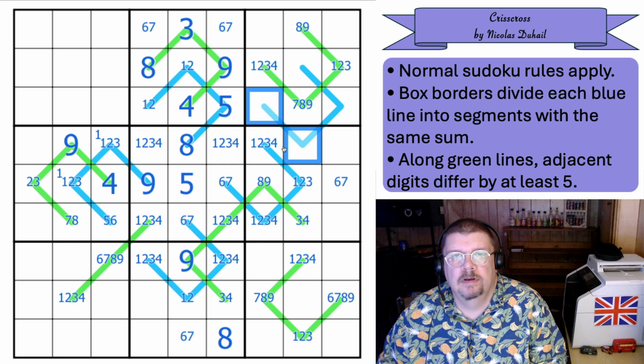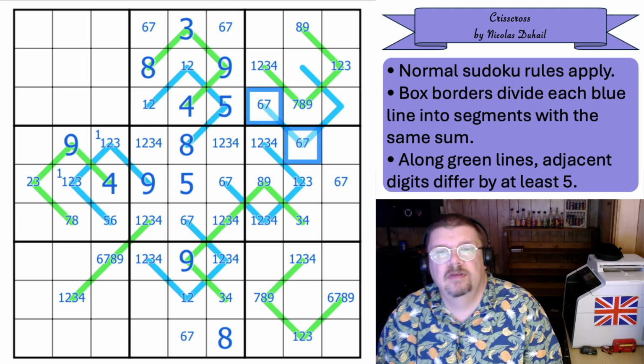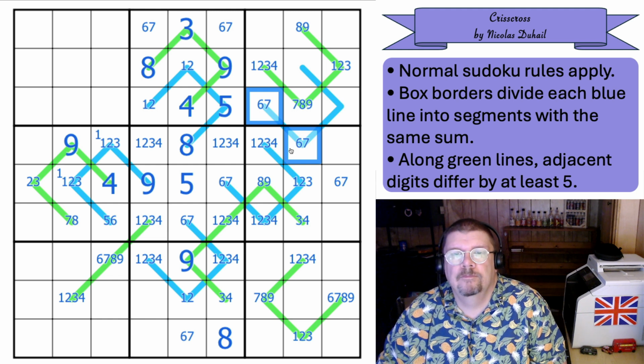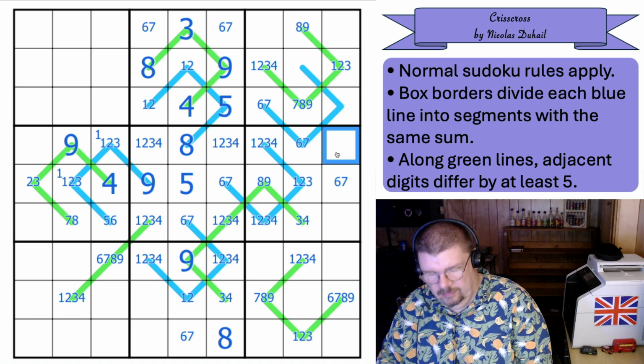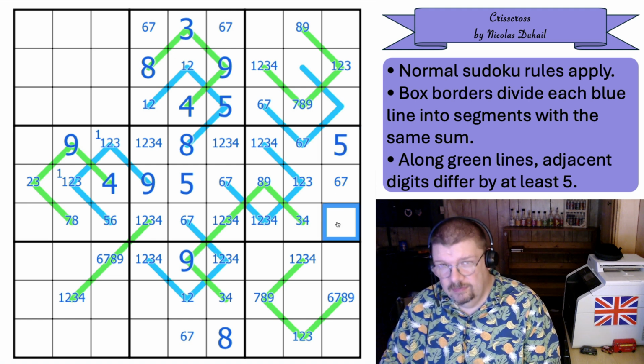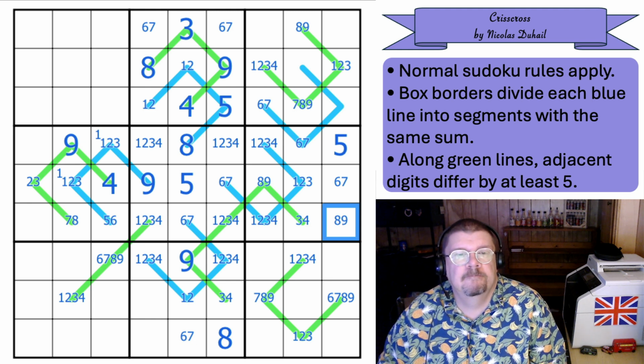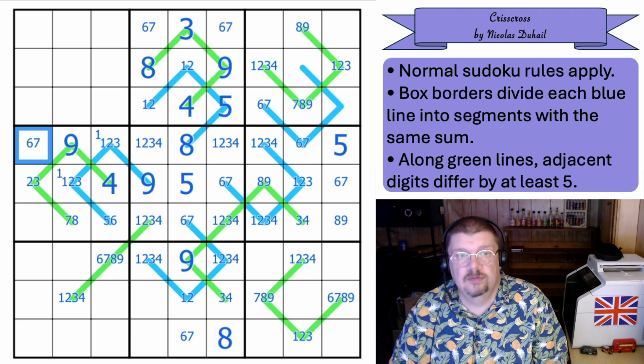Can't be 8 or 9. So they are 6 or 7. That gives me a 6, 7 pair. So I need 5, 8, and 9 to complete this box, and that cell sees an 8 and a 9, so that's a 5. That's 8 or 9. That is 6 or 7.